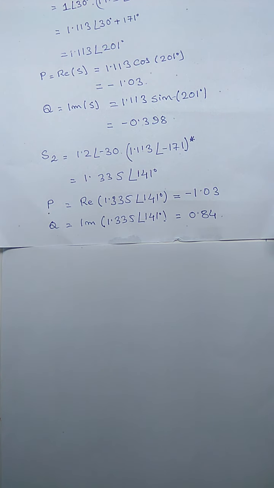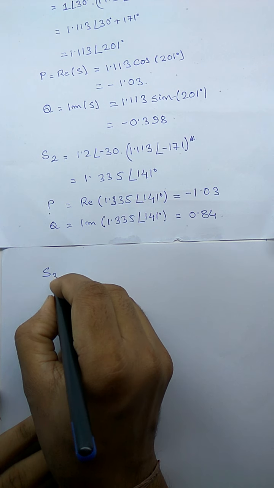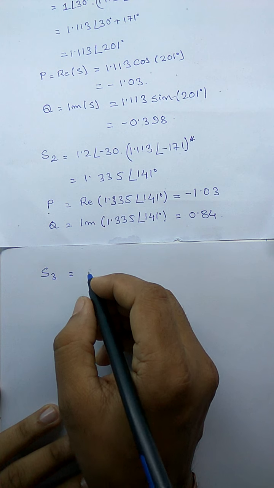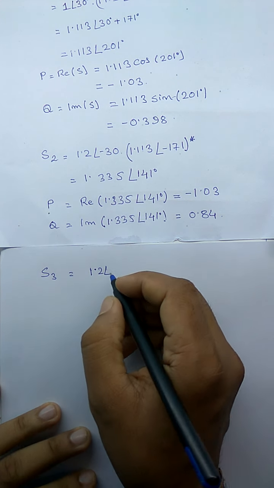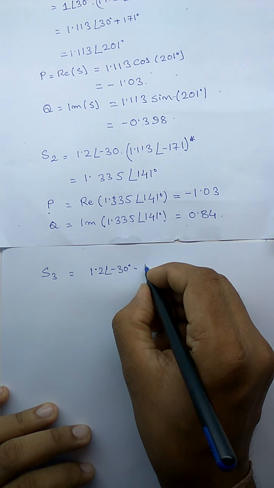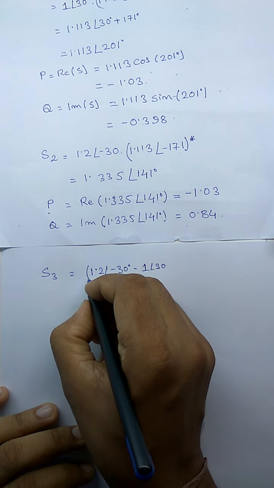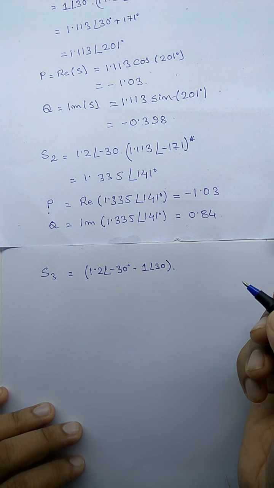So I'll write it as S3. S3 is equal to the voltage across the inductance, which is 1.2 at an angle of minus 30 degrees minus 1 at an angle of 30 degrees, into the current flowing through the inductance.